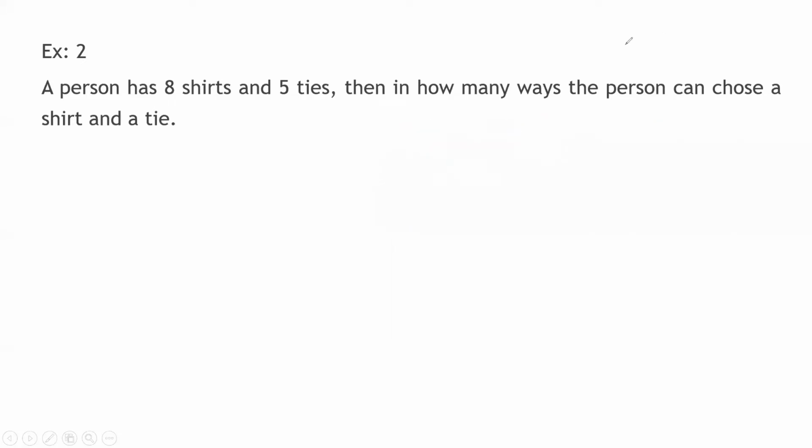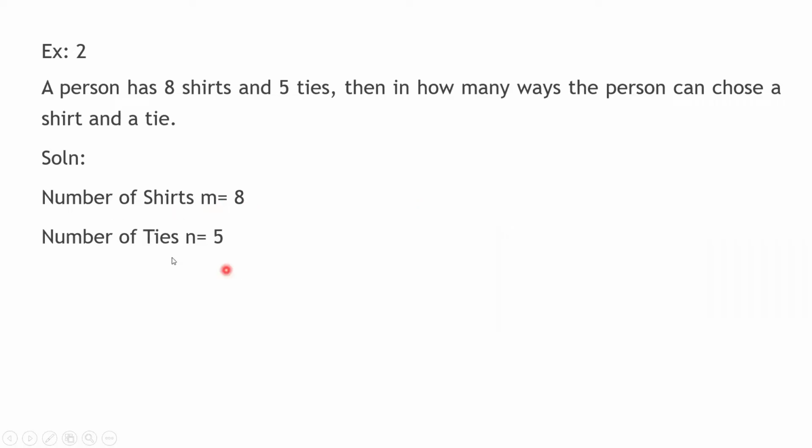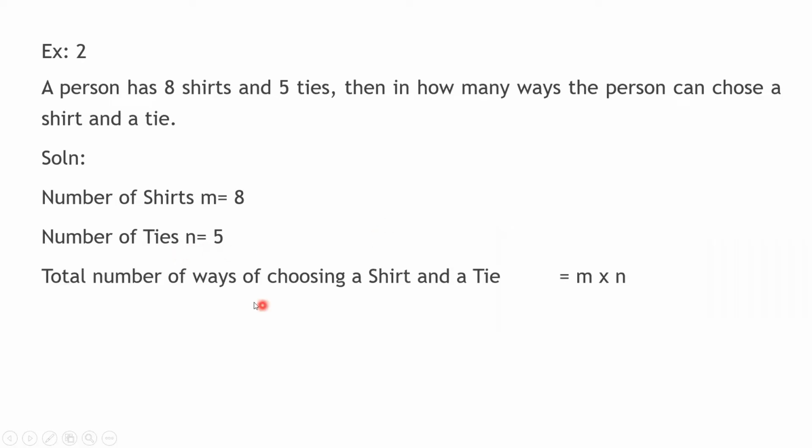Let us see the solution. Number of shirts, I'll call it M, which is equal to 8. Number of ties, we will call it N, which is equal to 5. Total number of ways of choosing a shirt and a tie is M into N, 8 into 5, that is 40 ways.